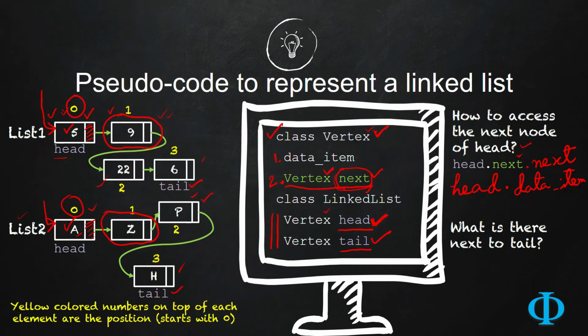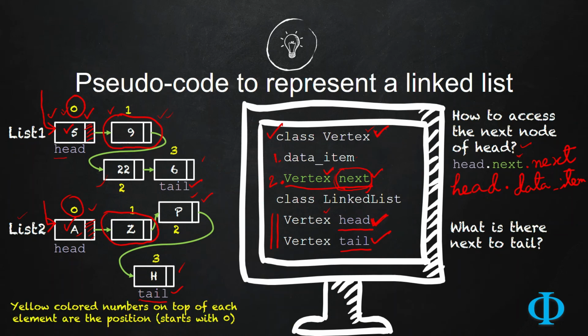Now the other question: tail is the last node of the linked list. So what is there next to tail? In the visualization in this picture, there is actually nothing. So how can we represent nothing in the computer?